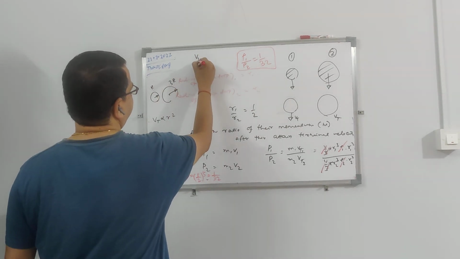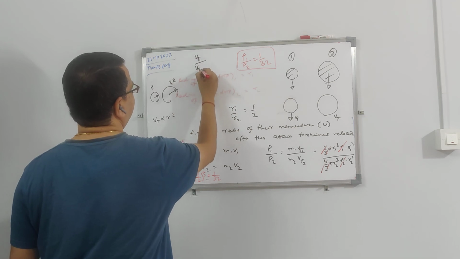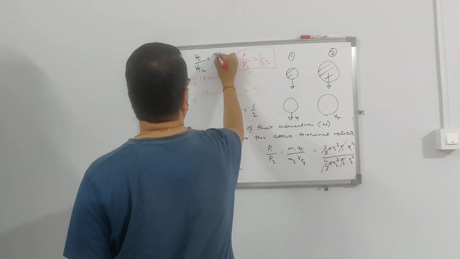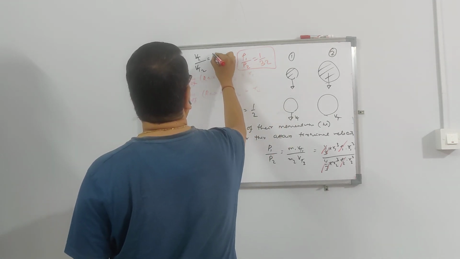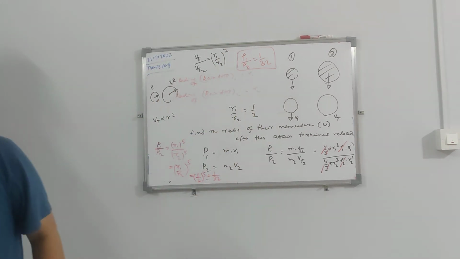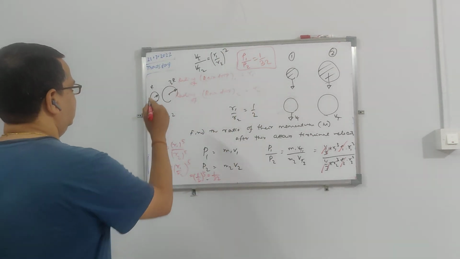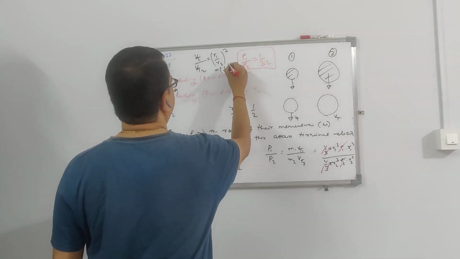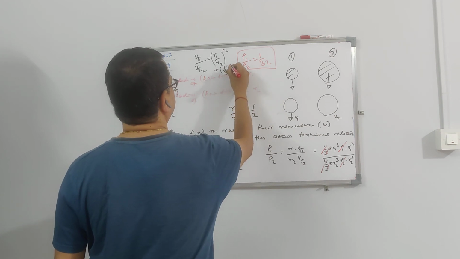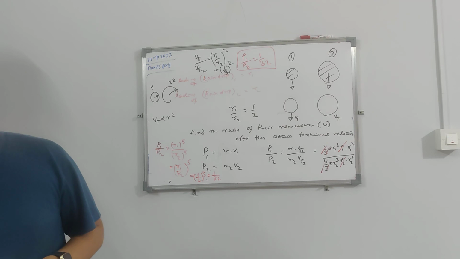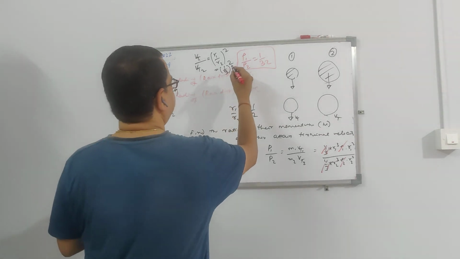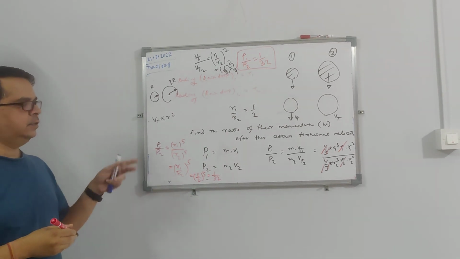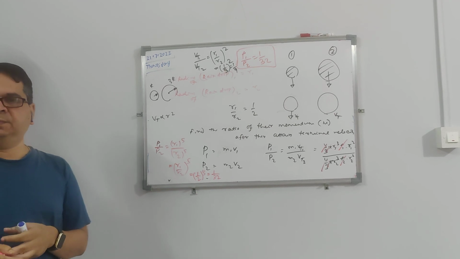So that is Vt1 divided by Vt2, and we know terminal velocity is directly proportional to r square. So it is r1 by r2 whole square. It is given that r1 is R and r2 is 3R, so it is nothing but R by 3R whole square, which is 1 by 9.